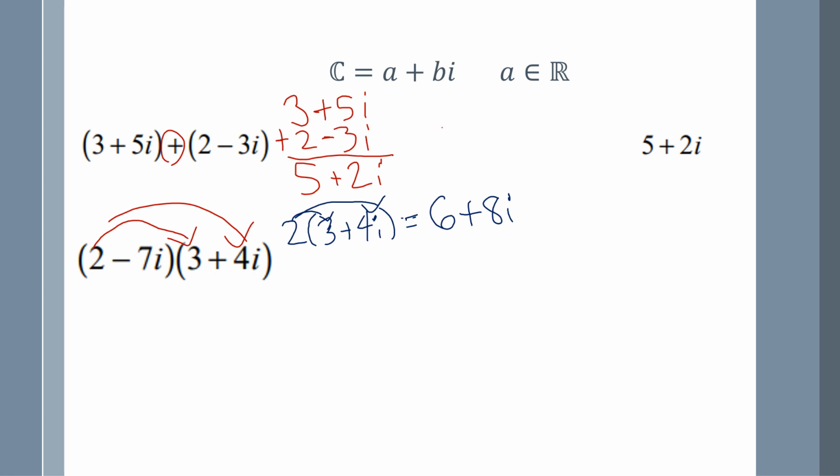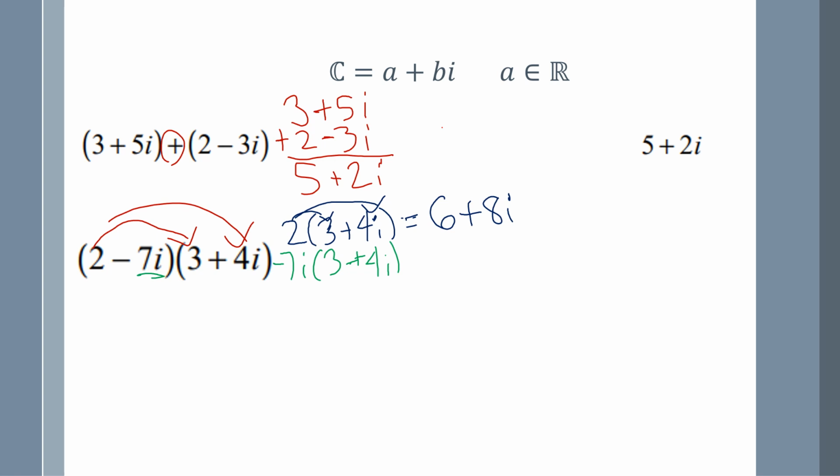So let's stack the second one. The second one is negative 7i. It's going to be right here. Negative 7i times 3 plus 4i. Okay, y'all ready? I'm not drawing the arrows for this part because I know a number outside the parentheses means multiplication.